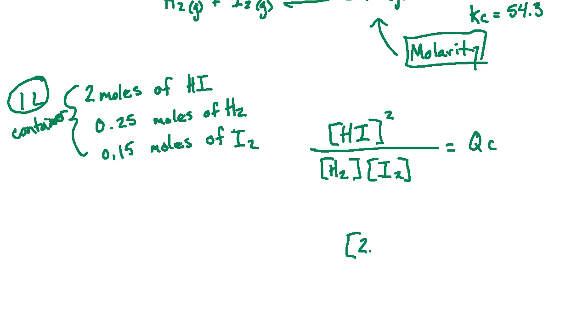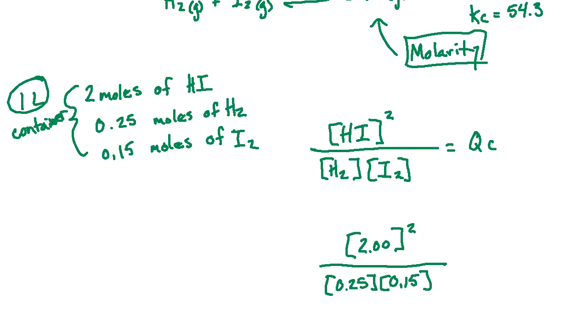We said we can just use what we were given because the volume of the container is 1 liter. So we're going to have 2 squared over 0.25, right, times 0.15.